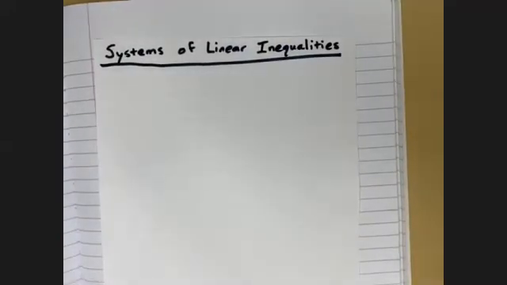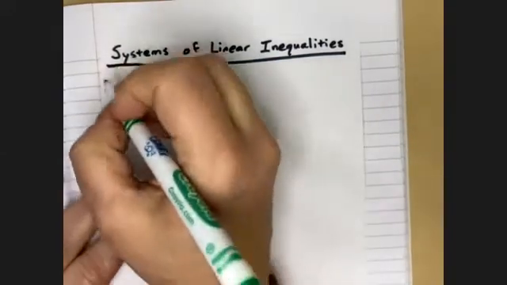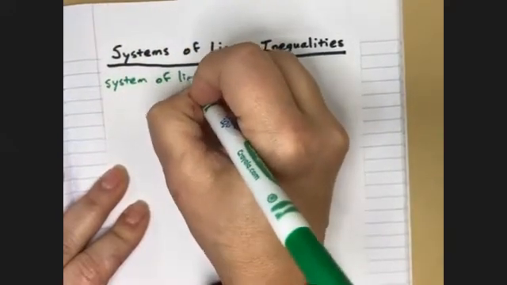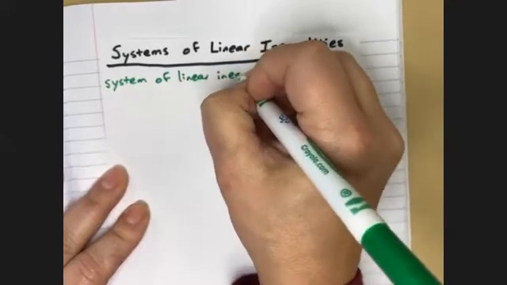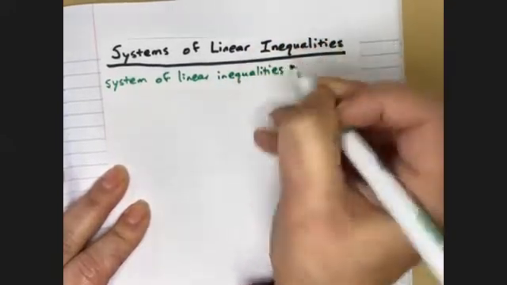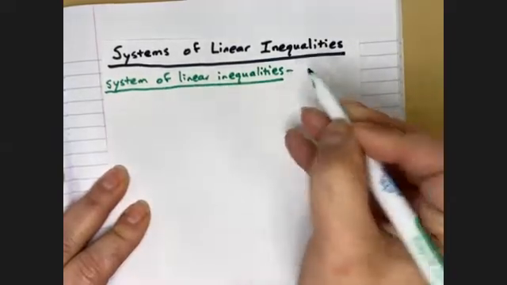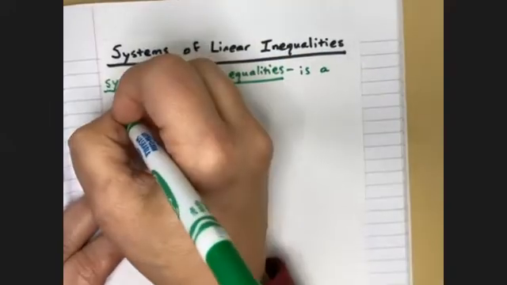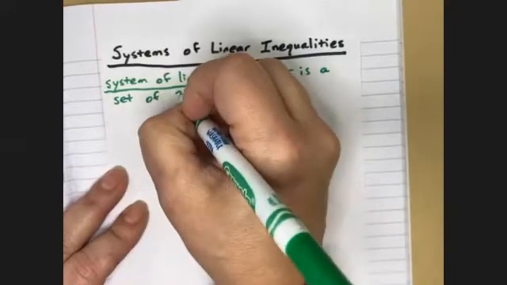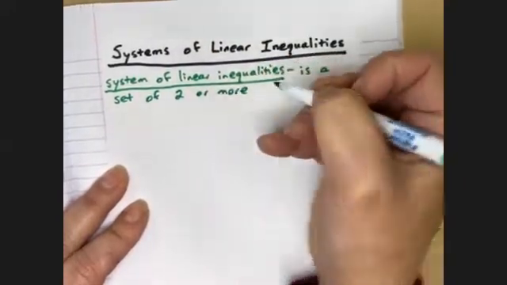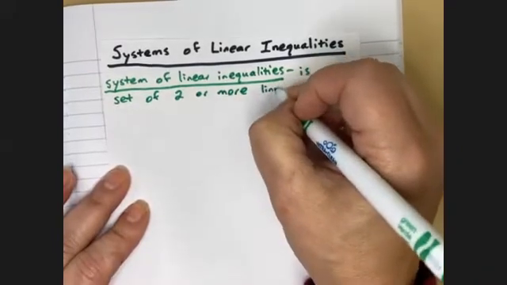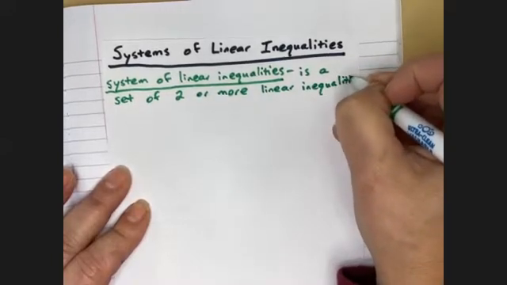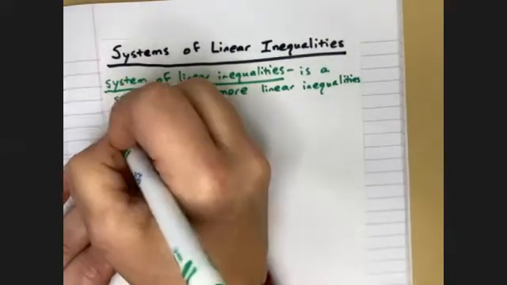Okay, so the first thing we're going to do is define it. So a system of linear inequalities is a set of two or more linear inequalities containing two or more variables.